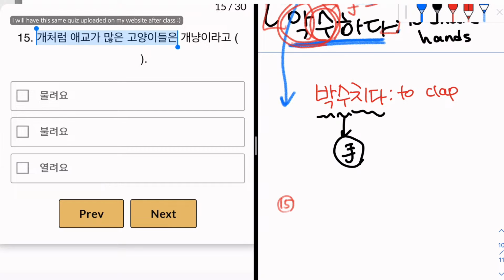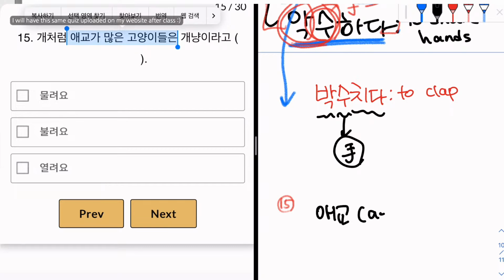좋아요. Alright. Next one, number 15. 개처럼 애교가 많은 고양이들. So 고양이 means a cat, and 고양이들 is a plural form of 고양이, right? So cats. And all this part modifies cats. It describes what kind of cat it is. So 고양이들, cats that 많다, that have a lot of 애교. You guys know what 애교 is, right?